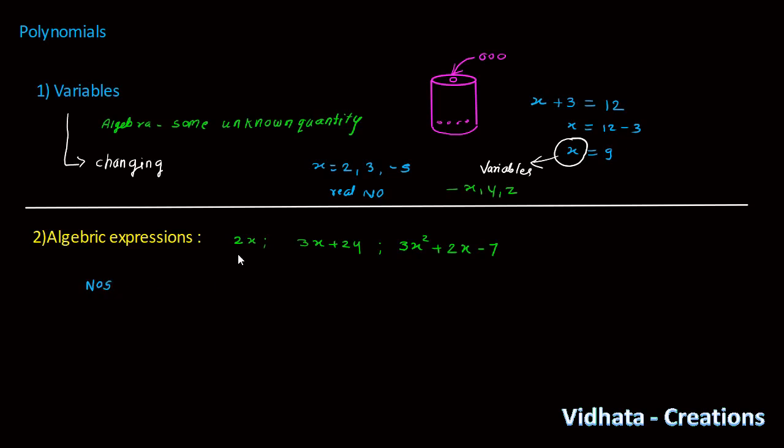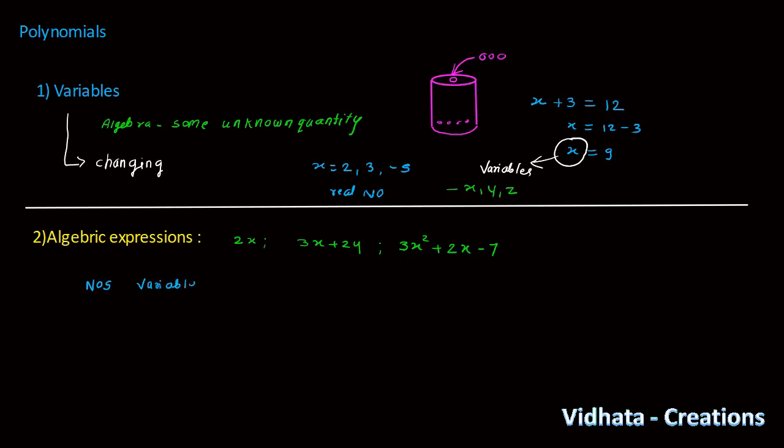Yes, some numbers are here, 2, 3, 2, 7, some numbers you are able to see. And we are also able to see some variables are there.